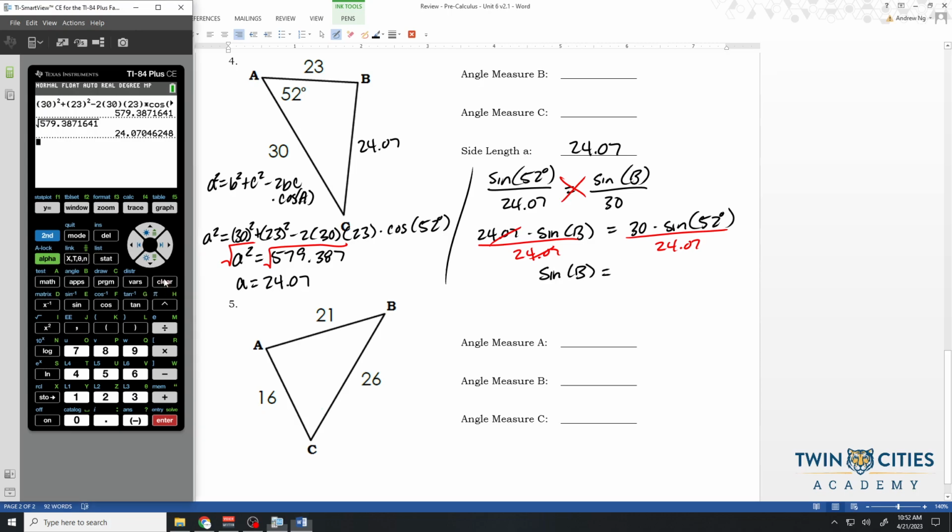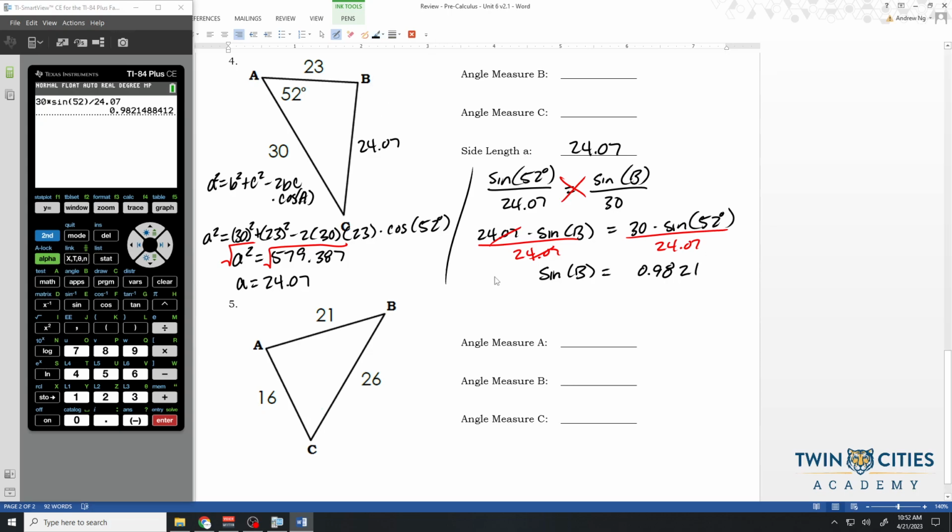All right, sine of B is 30 times the sine of 52 divided by 24.07. So sine of B is 0.9821.